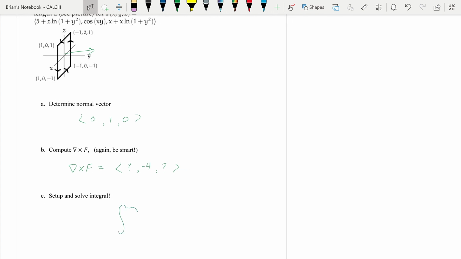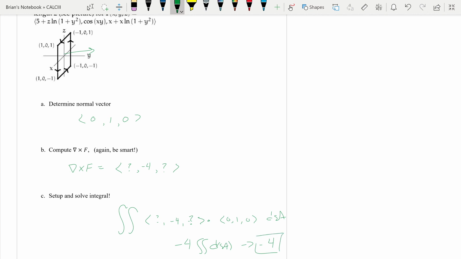It'd be -4 dotted with 0, 1, 0, and then dS, so it'd be -4 dS. Then it's just a square. The surface area of a square is the side squared, which is 1. So we just get 1 times -4, and we get -4 for our final answer.